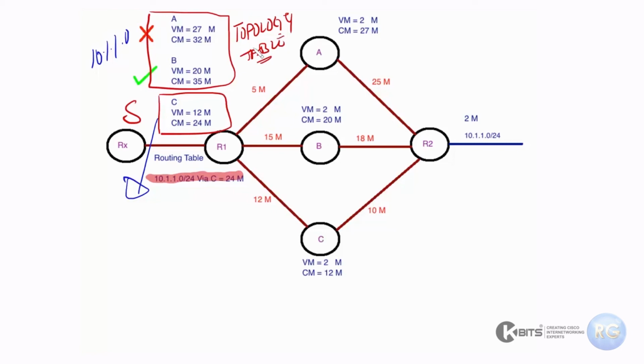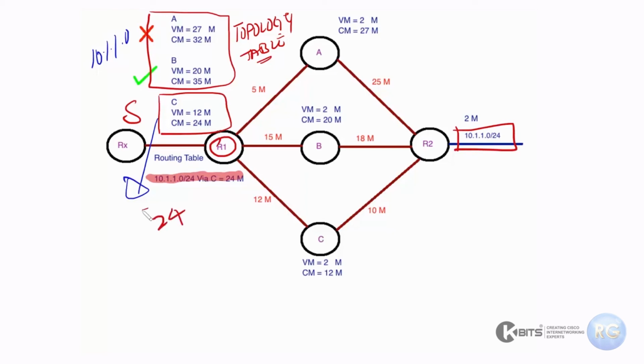Now, this is where the word feasible comes in. EIGRP wants to make sure it is a loop-free environment. So what is R1's best cost to get to network 10.1.1.0? The best metric. 24, right?